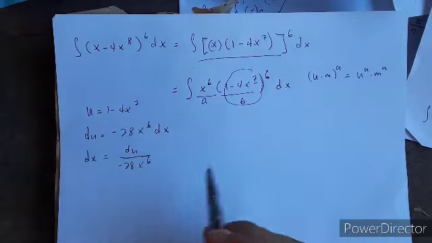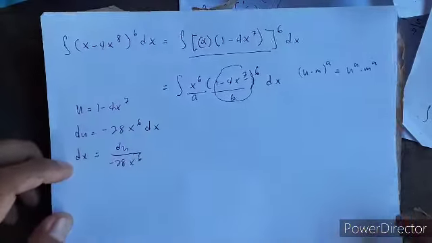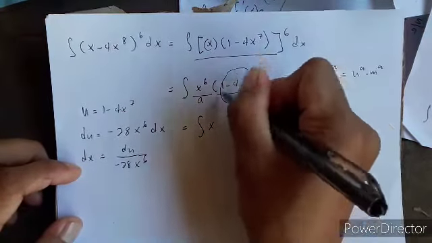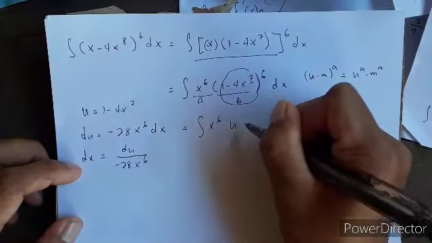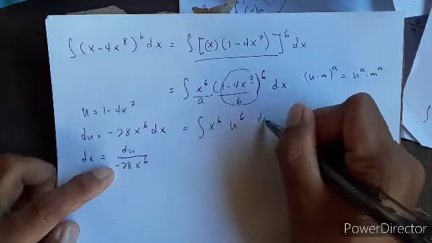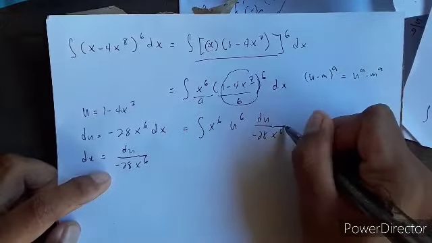So by substituting our representation into the original equation, we have the integral of x raised to 6, times this thing here which is our u, raised to 6. Our dx is equal to du over minus 28 x raised to 6.